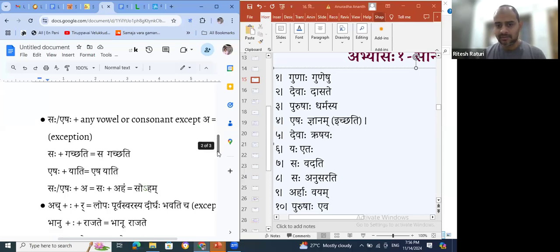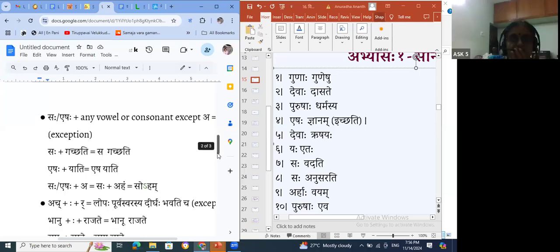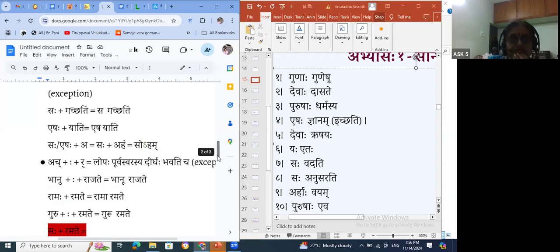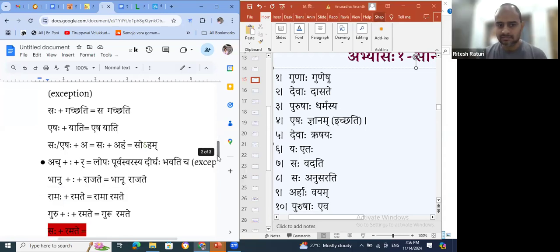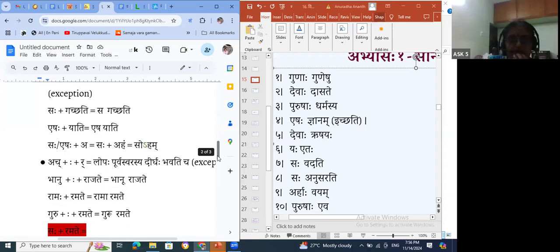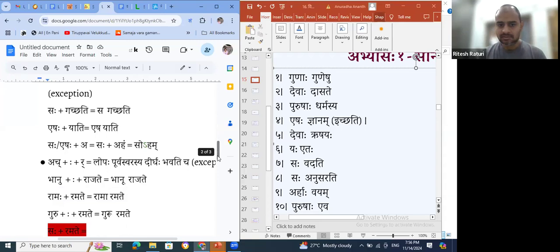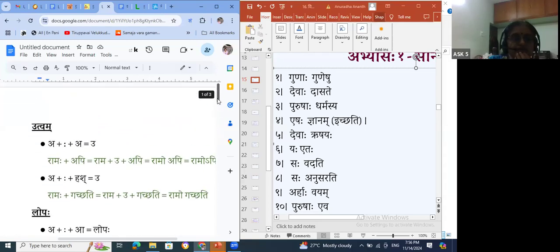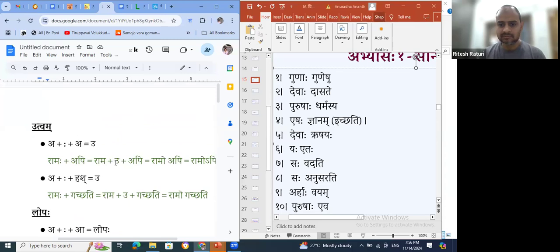Then it will not apply. Then what happens? Then the second rule will come. Ach, adhikam visarga, Hrasva A. So what is the first rule? When it is a Hrasva A, who should come? Who will come? So then what happens?